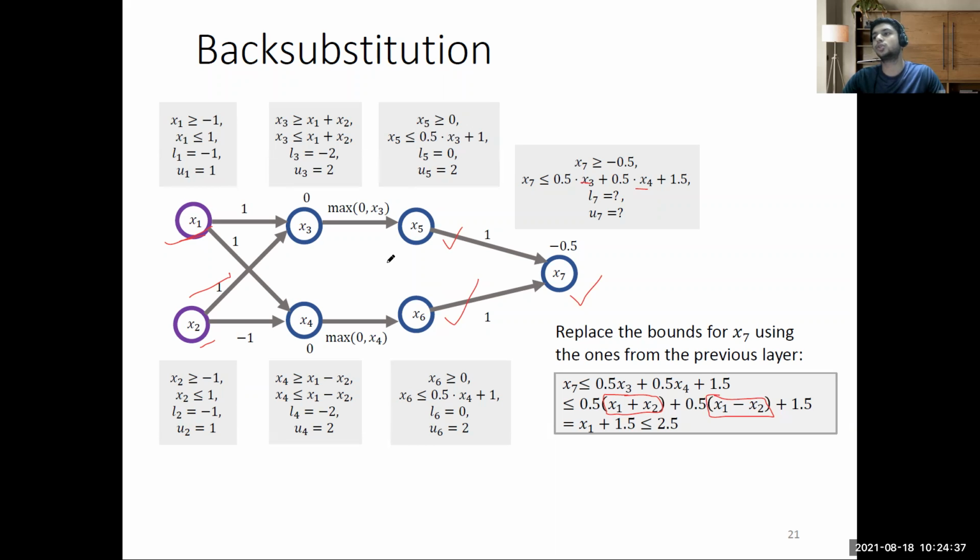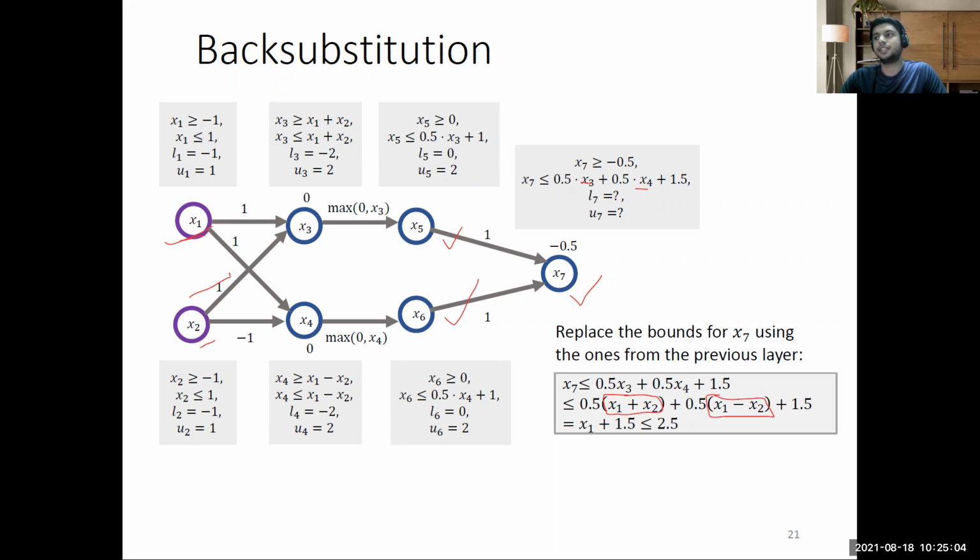So you're just going back and looking at how far you can go to find what the exact bounds are. When you back substitute, ideally, to get the most precise result, you would love to go back to the first layer and substitute the bounds from there, but that is not feasible.